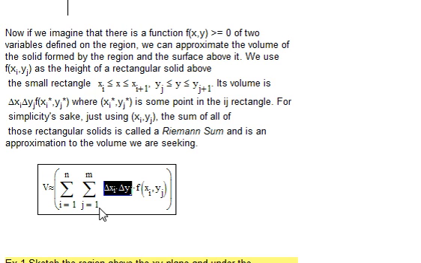Notice our subscripts, j going from 1 to n, i going from 1 to m, because they don't have to be square, and there doesn't have to be the same number in each direction. So we now have our theoretical basis for the idea of a double integral based on this Riemann sum. That does feel better now, doesn't it?